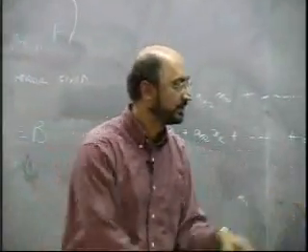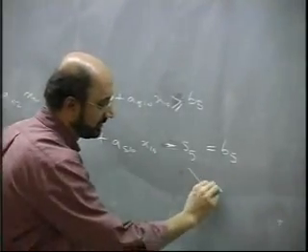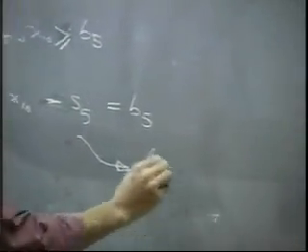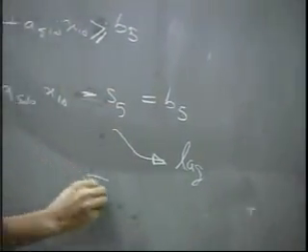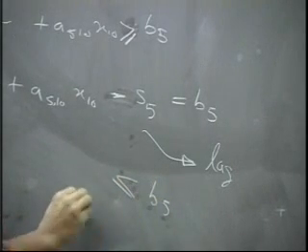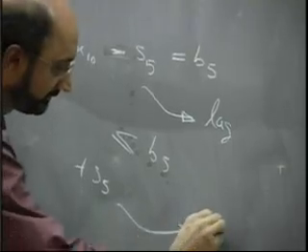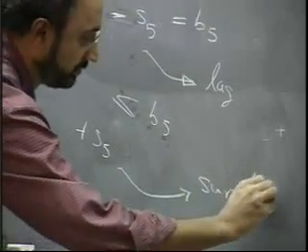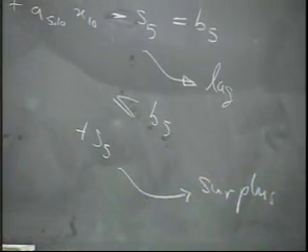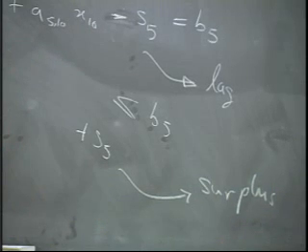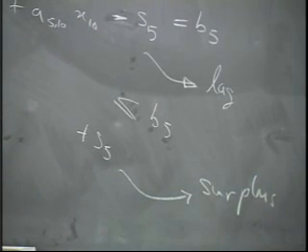We do that over here. And if we have a less than or equal to b5, we could have done plus s5, and that's called a slack variable. And by introducing surplus and slack variables, we can transform inequalities into equalities.